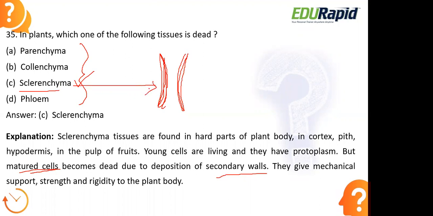Even though it is dead, it is necessary for a plant body. How? Because sclerenchyma, even though it is dead, can provide mechanical support as well as strength and rigidity to plants. Because of all of these reasons, all these different tissues have their major role in plant growth. Got it? It is equally necessary here. Got it?